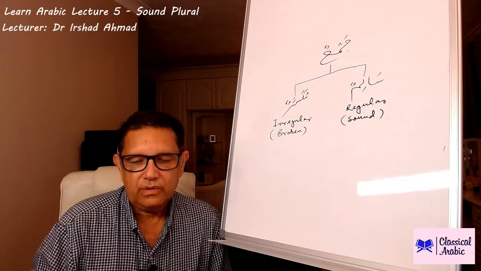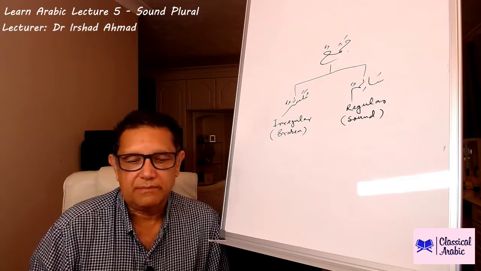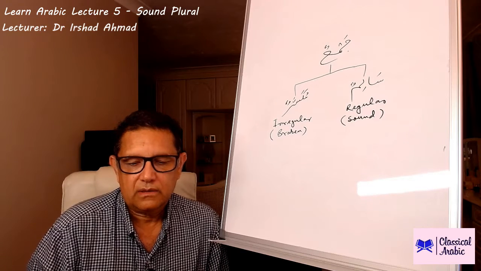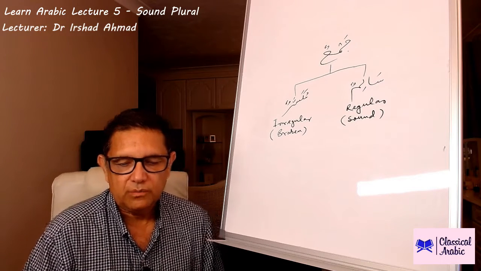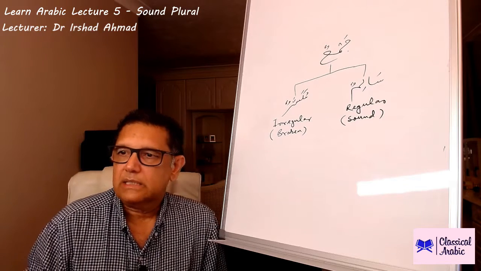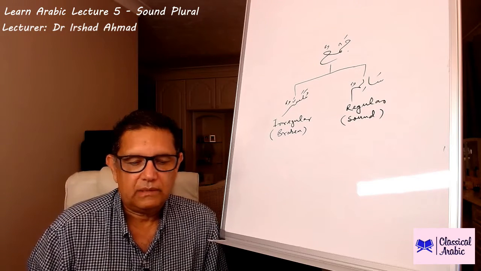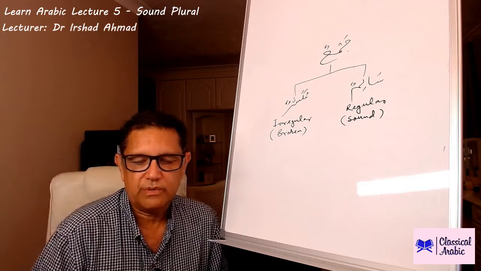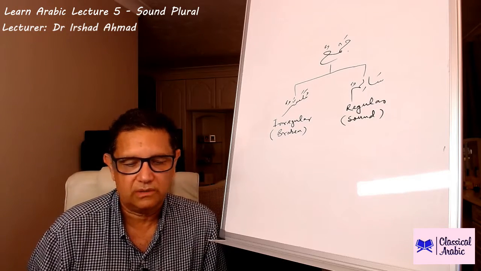Today we are going to focus only on jam'a salim. So regular plural or sound plural. Just as in the case of tasniya, there is a two-step process to make plural from singular.